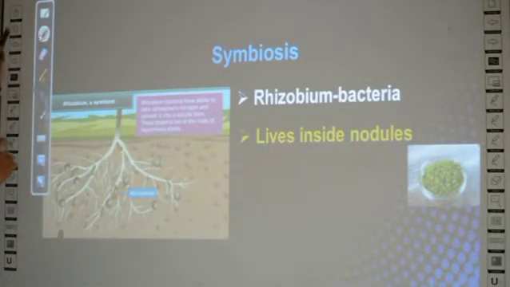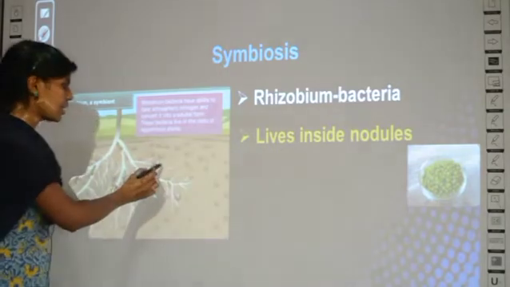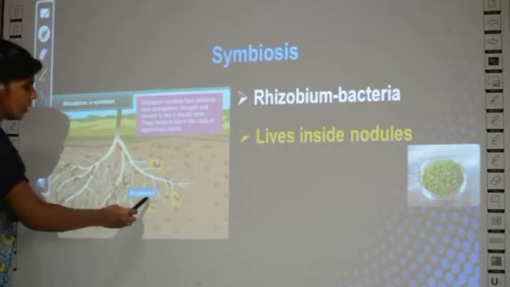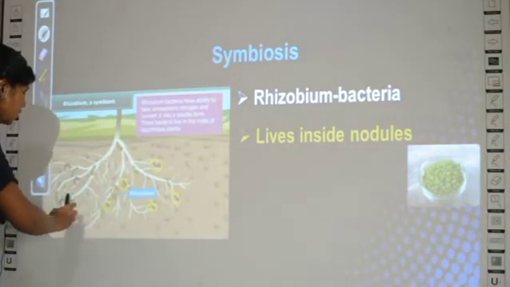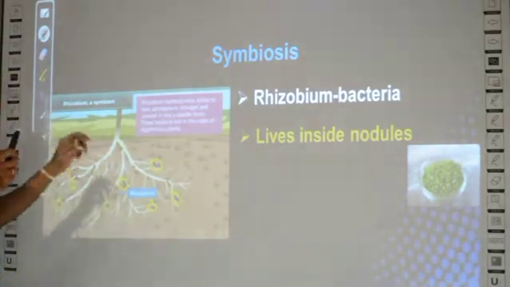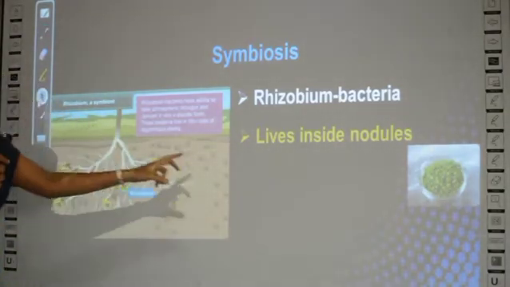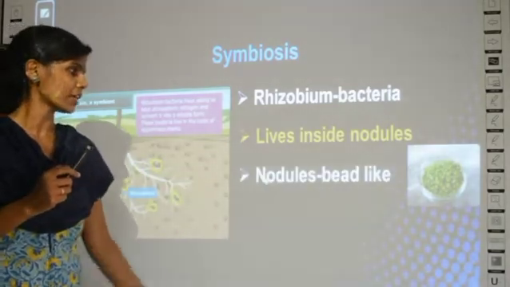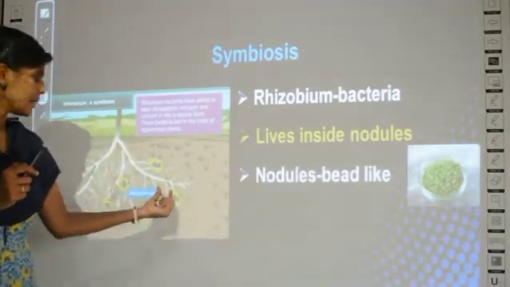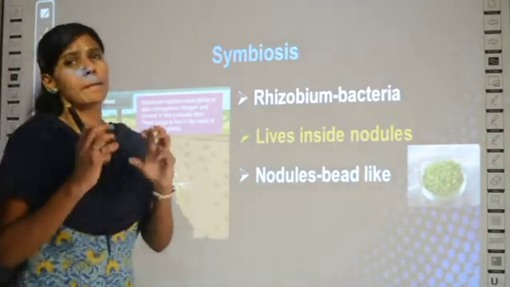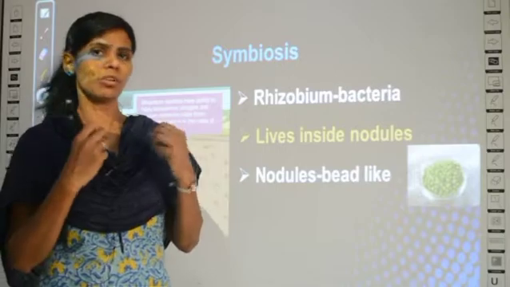What is a nodule? Nodules are round structures. Can you see dark brown, round structures in the roots? These are called nodules. You can find nodules in the roots of leguminous plants. Nodules are bead-like structures. When you see the structure of a nodule, it appears like a bead, like a chain which will have beads.